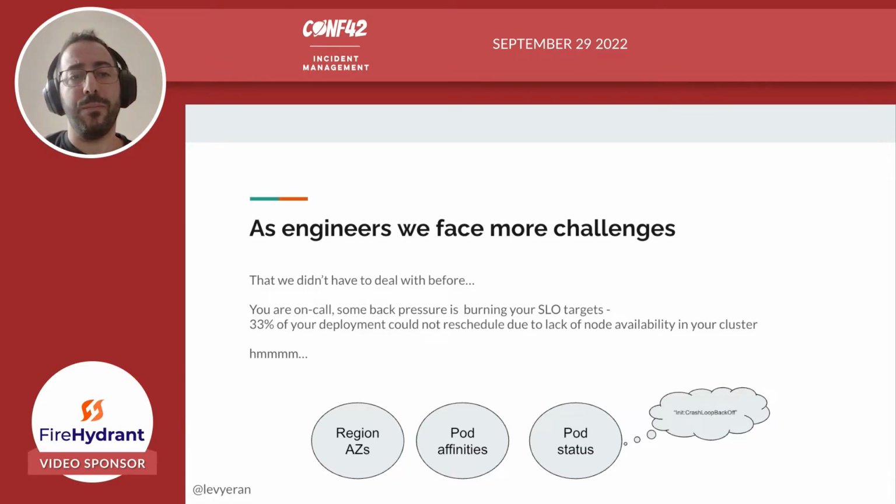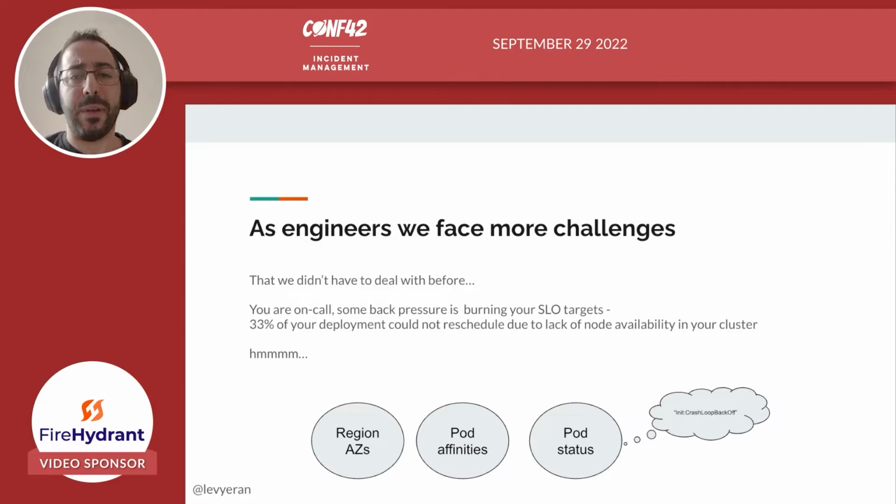What do you do? You need to find it out, and you might need to point that to your on-call DevOps colleague. By the way, DevOps may be working on that already, as it might trigger their SLOs as well.